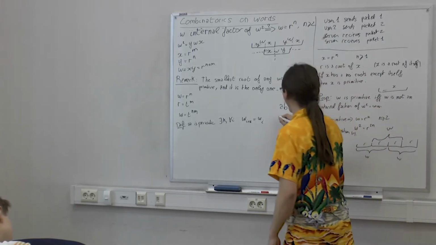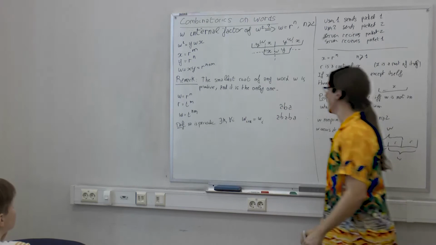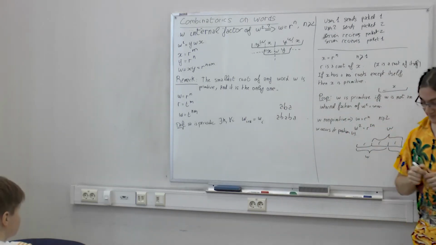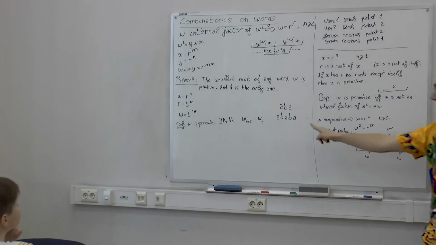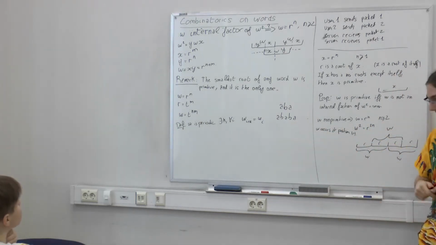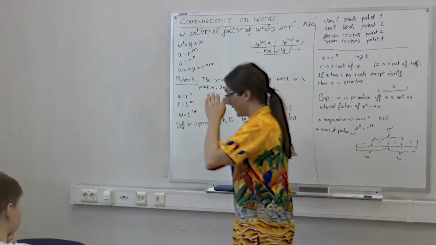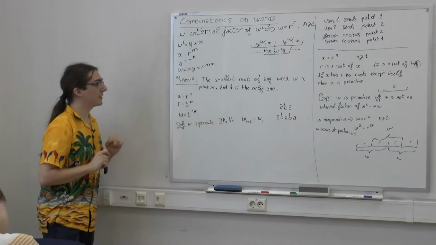This one also has no root, if I'm not mistaken, because this A in the end breaks everything, so it has no root, and still it has period 2. And now we have a little accident of definition.